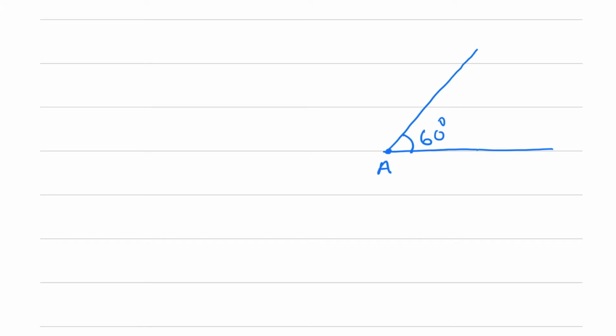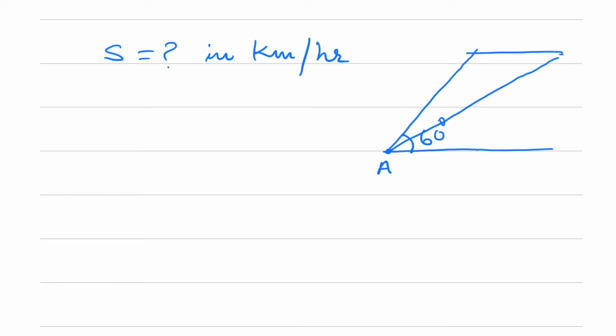If the aeroplane is flying at a constant height of 1500 root 3 meters, you have to find the speed in kilometers per hour. So this is 30 degrees now, and the time here is 15 seconds, and this height is 1500 root 3 meters.